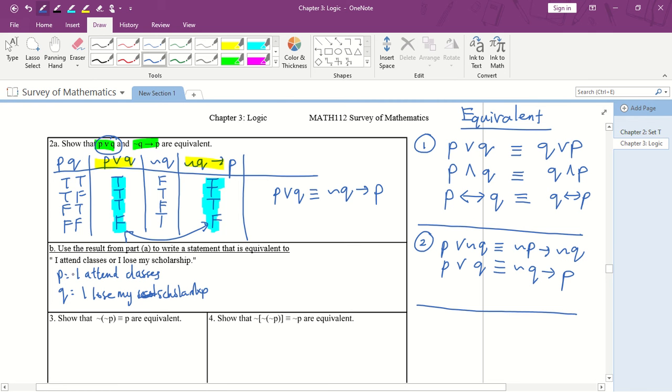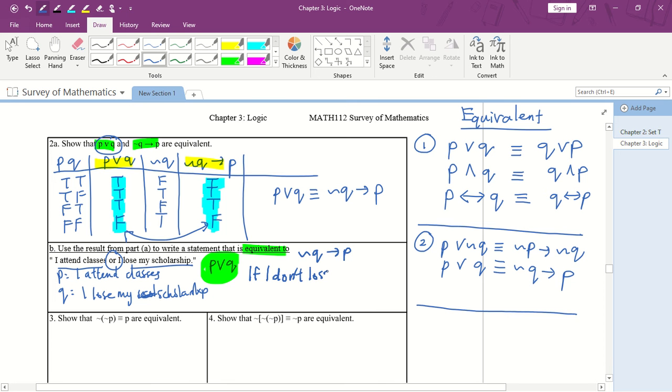Here it says I attend classes or I lose my scholarship, so this is a P or Q statement. The question requires us to write an equivalent statement. We know that P or Q is equivalent to negation Q implies P.